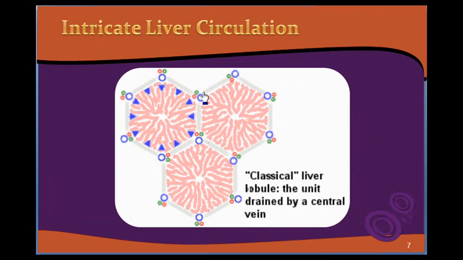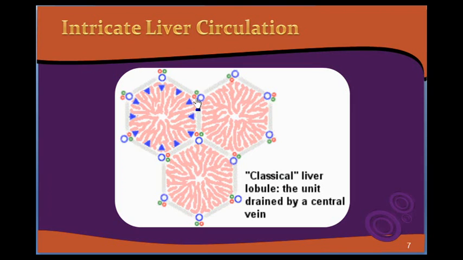The blue one is the portal vein, which we have seen in the previous slide, the green one is the bile duct or the biliary canaliculus, and the red one is the hepatic artery. This is called the hepatic triad. The hepatic triad comprises the portal vein, the biliary canaliculus, and a branch of the hepatic artery.